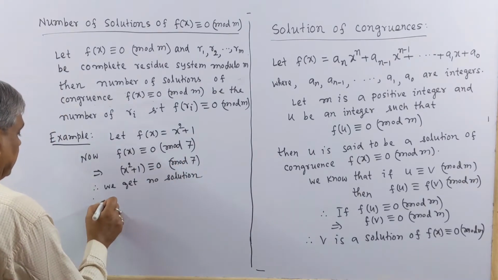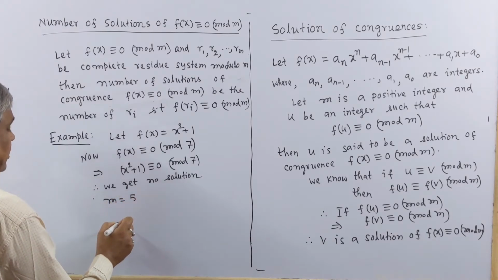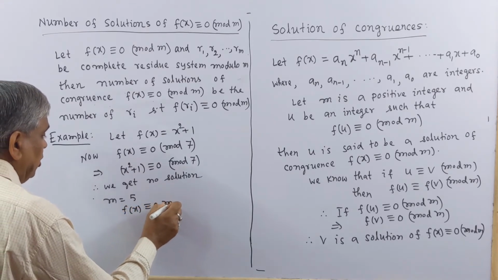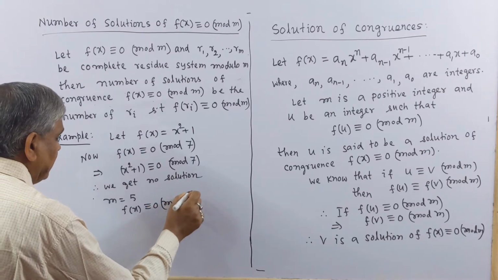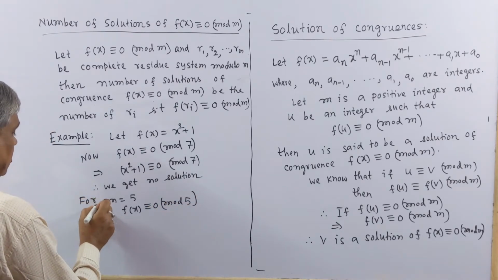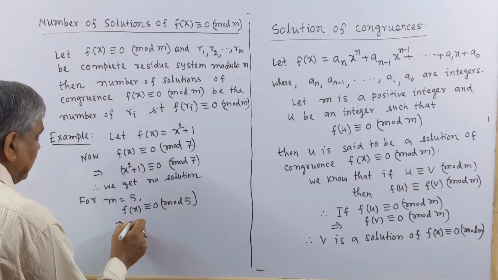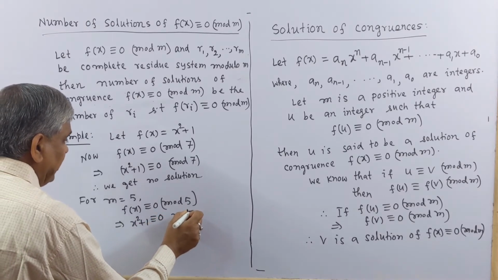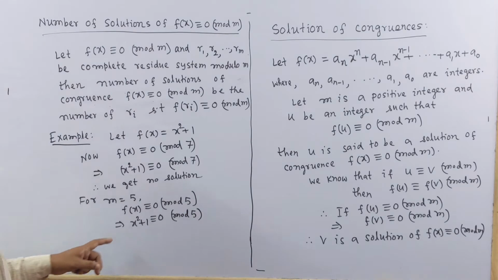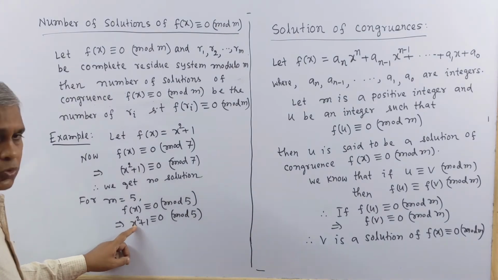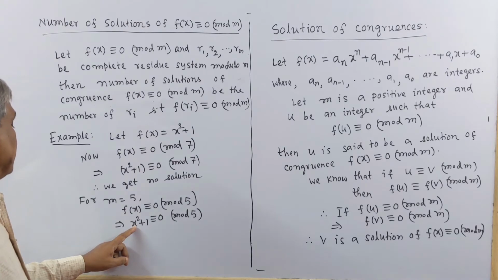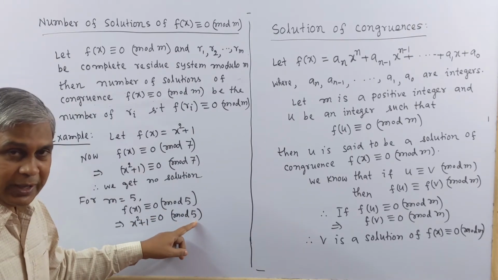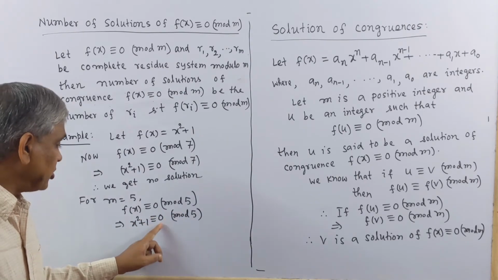If we take m equal to 5, then f(x) is congruent to 0 modulo 5, which implies x square plus 1 is congruent to 0 modulo 5. If we take the value of x as 2, 2 square means 4 plus 1 is 5, which is divisible by 5. That means it gives remainder 0.